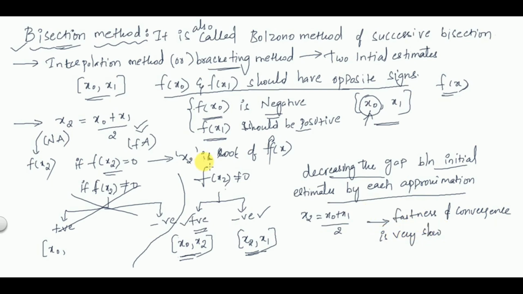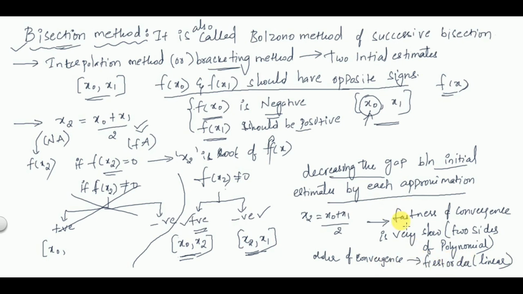The fastness of convergence is very slow, because we are reaching the true value on two sides of the polynomial, one on the negative side and the other on the positive side. The order of convergence is first order, or linear. So the order of convergence is first order and the convergence is very slow, because we are reaching the true value on two sides of the polynomial.